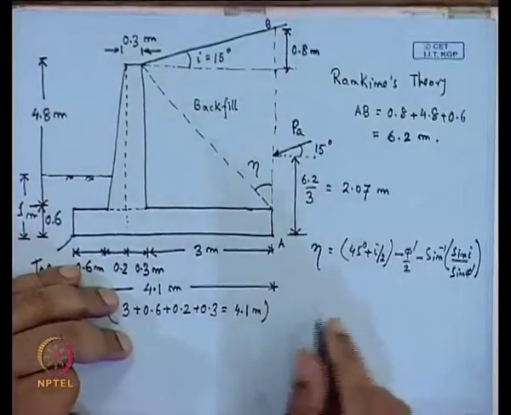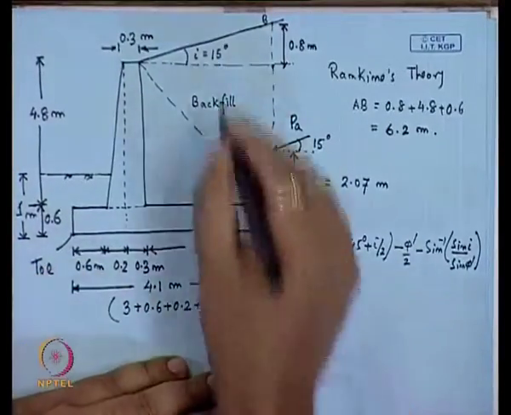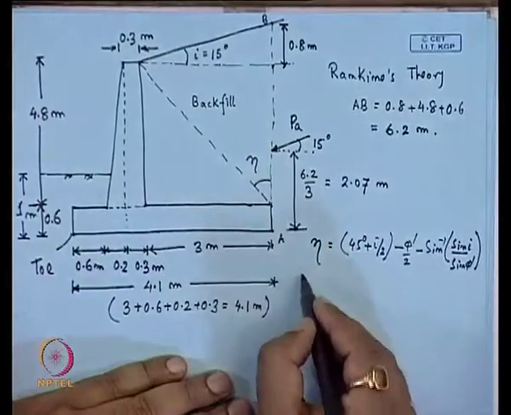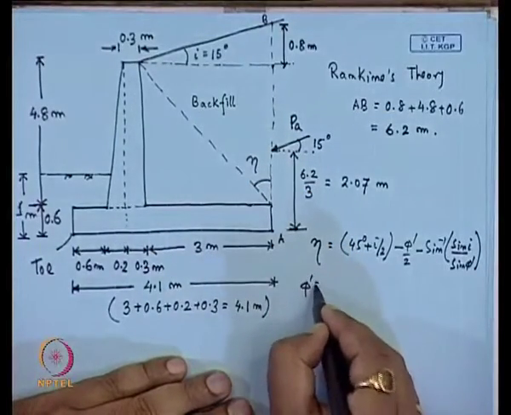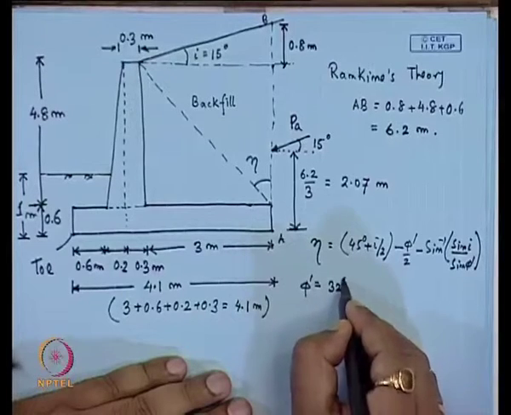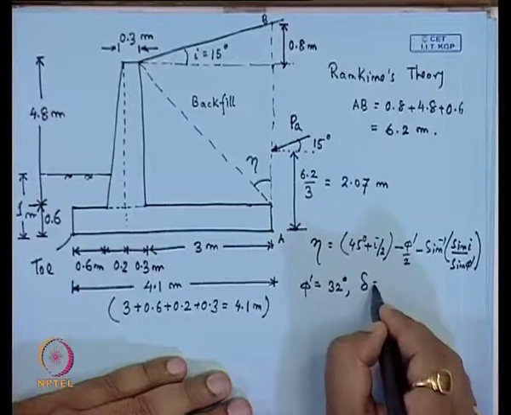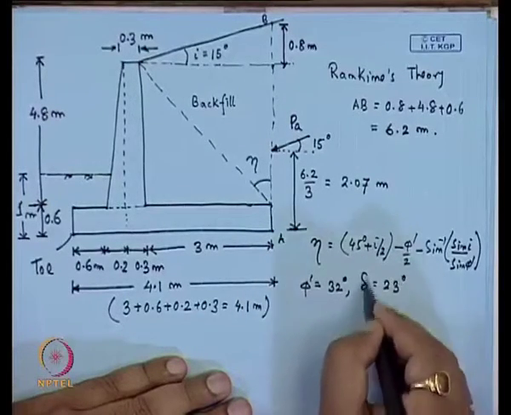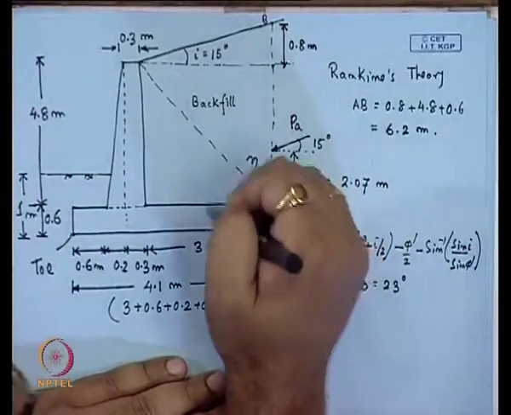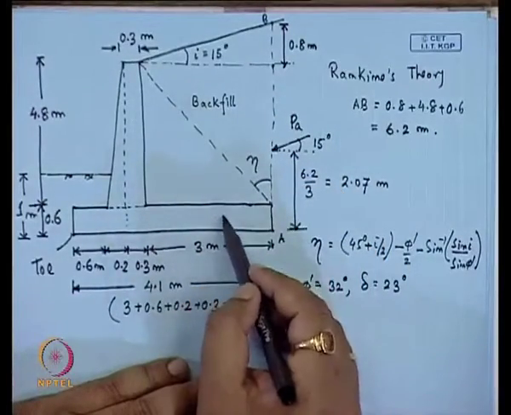Now, the values given for this problem are phi dash is 32 degree, and delta is 23 degree, where delta is the friction angle between the concrete retaining wall and the soil.